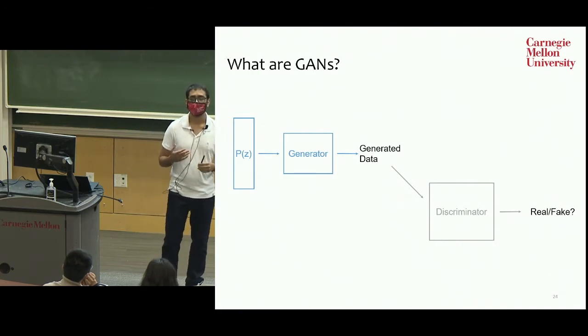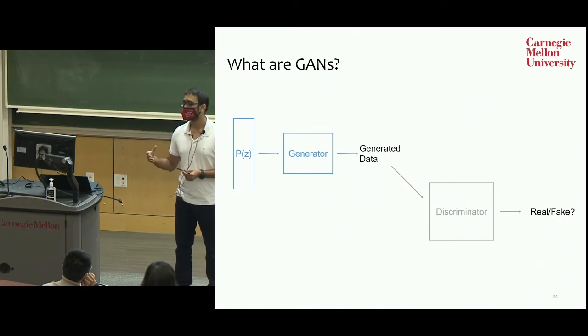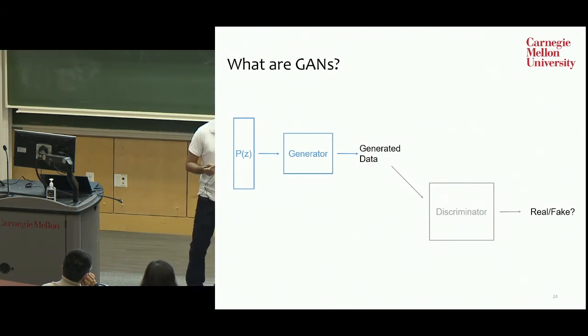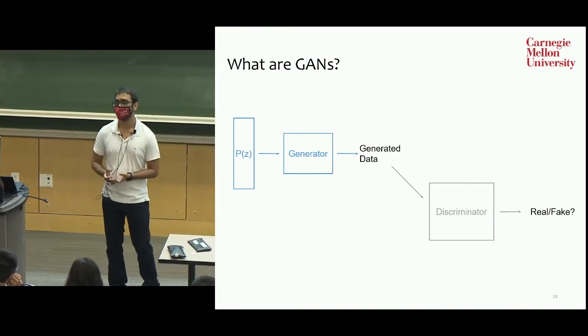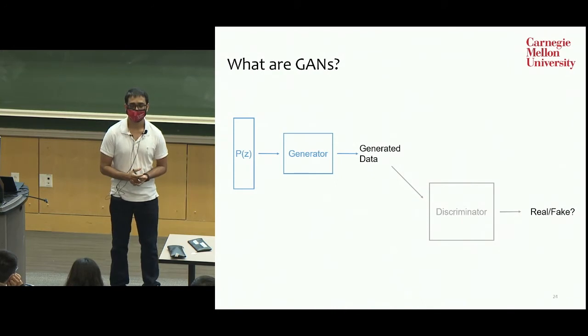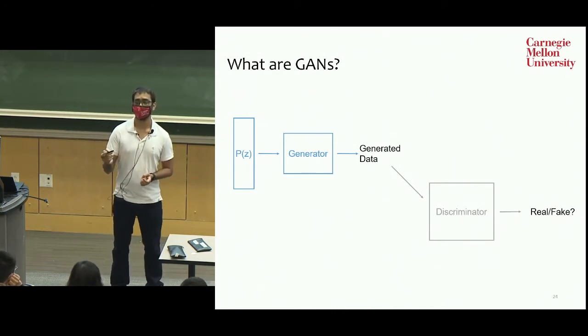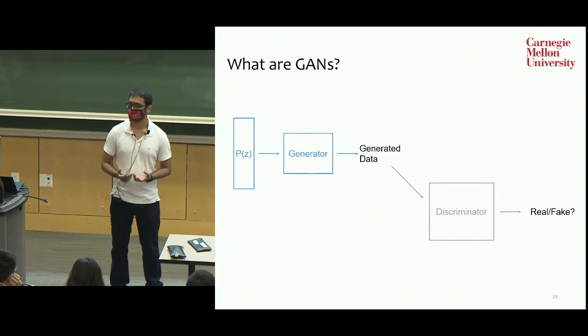The whole idea of the discriminator is that, given an image, it's trying to predict whether the given image is a fake image or a real image. By fake, I mean a generated image. Is it coming from the generator or the actual training set?